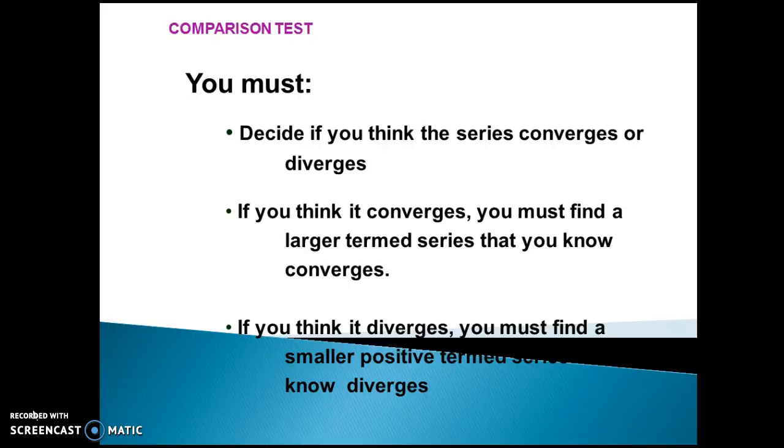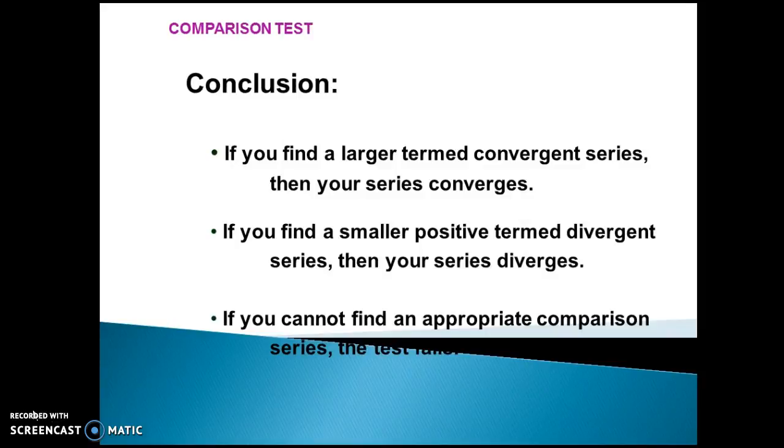If you think it diverges, you must find a smaller positive term series that diverges. Conclusion: if you find the larger term of a convergent series, then your series is convergent. For the p-series, if p is greater than 1, the series is convergent. If p is less than or equal to 1, the series is divergent.